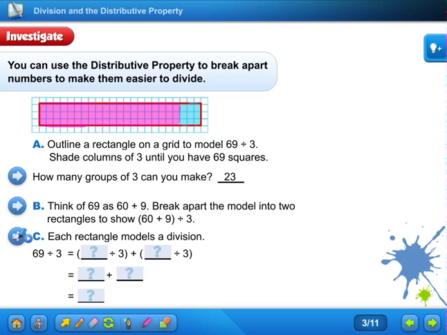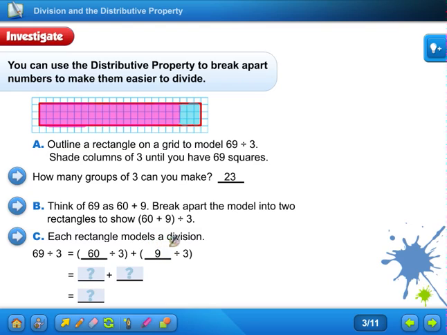Next part. Each rectangle models a division. 69 divided by 3. So what did I put in the pink part? How many little squares are in the pink part? There are 60. And how many little squares are in the blue part?